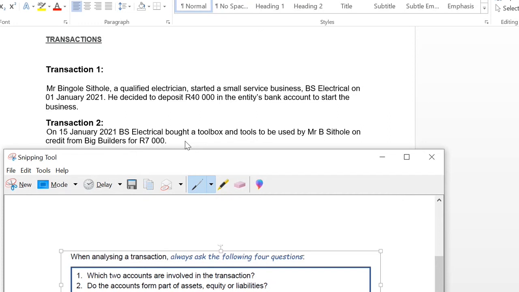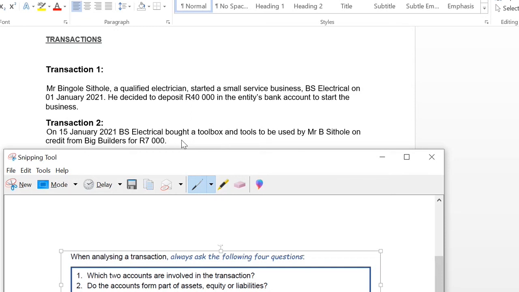A business will either buy an asset or a liability, or they will pay an expense or a liability. Those are transactions that the business will do, or they'll also sell cash or credit.